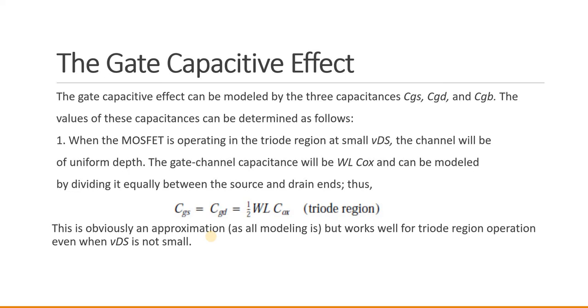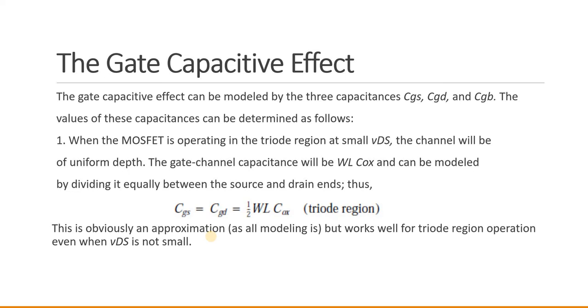What will the gate channel capacitance be? It is the width of the channel times the length of the channel times COX, and it can be modeled by dividing it equally between the source and the drain ends. There are two ends, and we equally divide this between the source and drain ends.